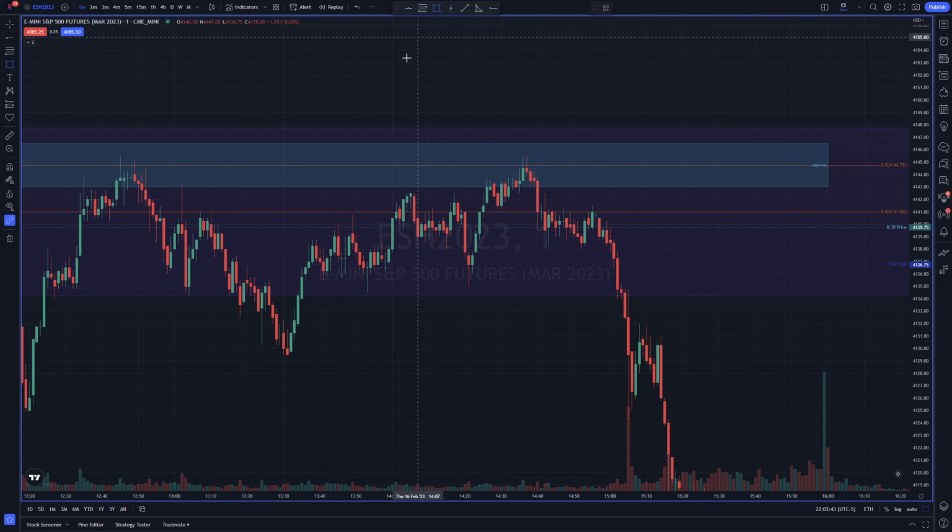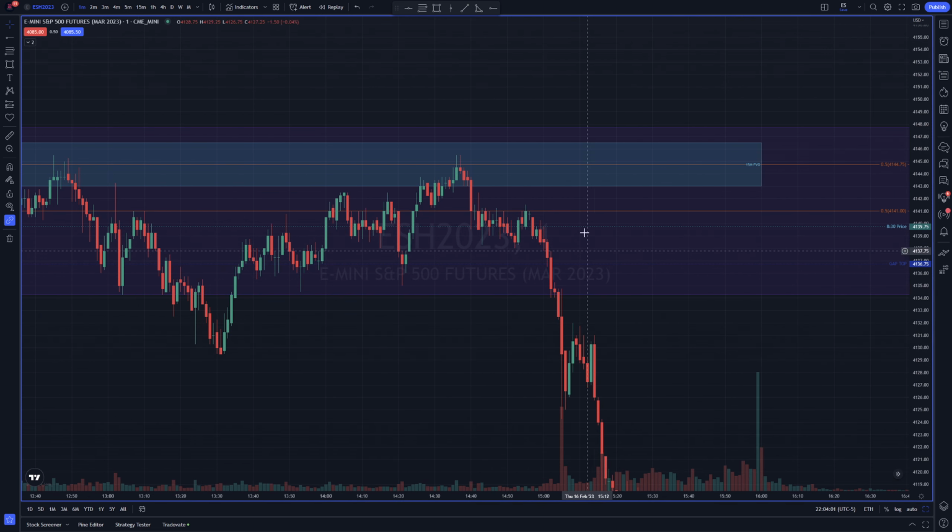Like I believe on 5 minute it was pretty clear too, but there's that gap here. We touched and took off a couple times. So that was decent, you know, but the real setup was for the downside, and it was this gap here.